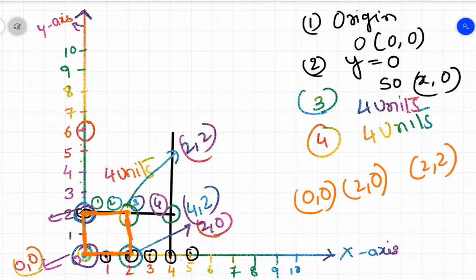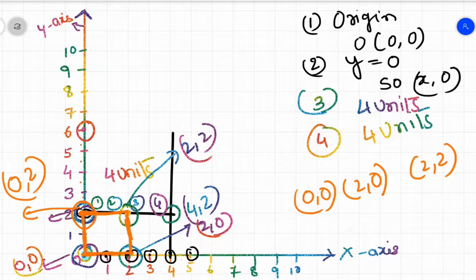This point is nothing but 0, 2, because we take 0 for the x-axis and 2 on the y-axis.